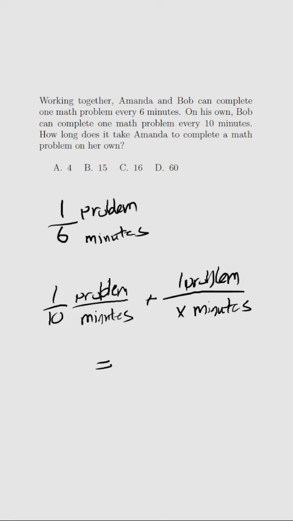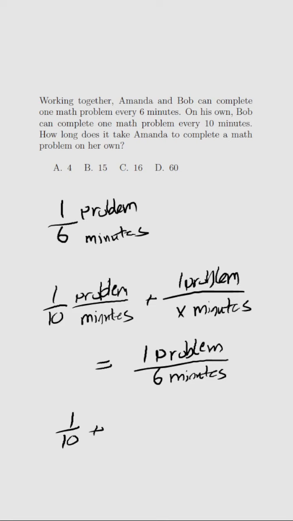And together, when we add those two fractions, we should get that it takes 6 minutes to do one problem. So our overall equation is 1/10 plus 1 over x is equal to 1 over 6.